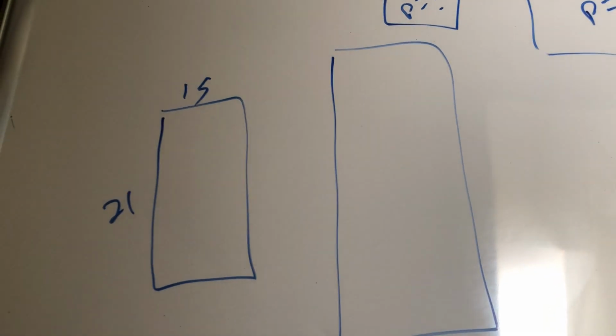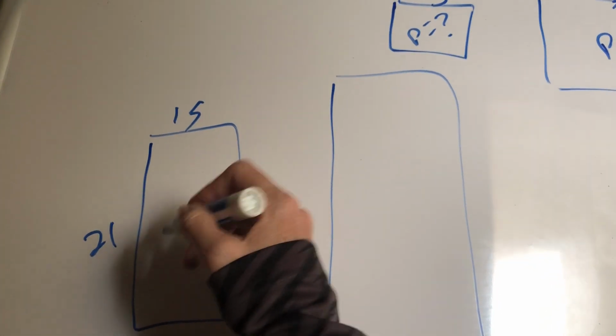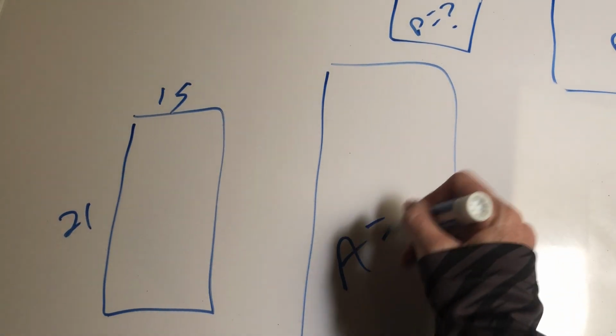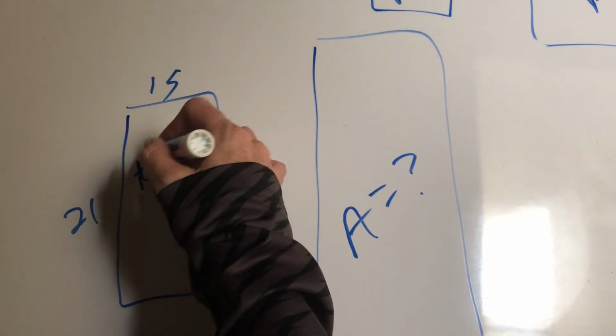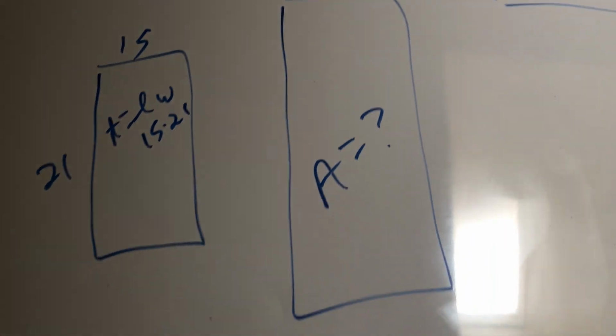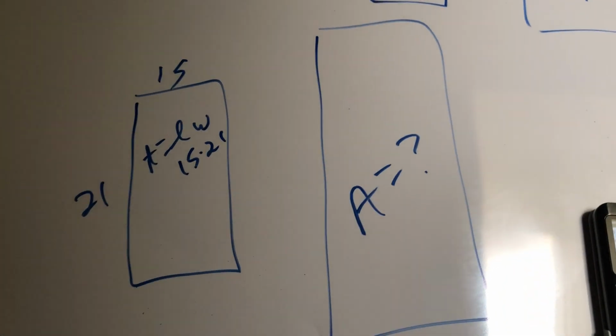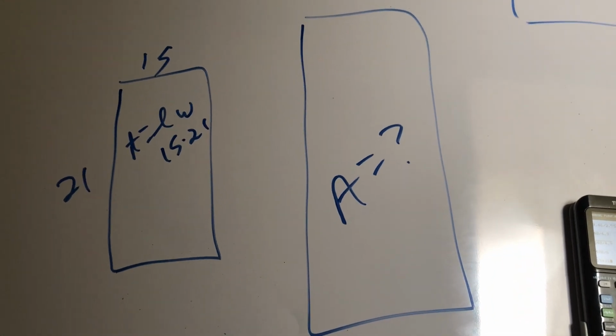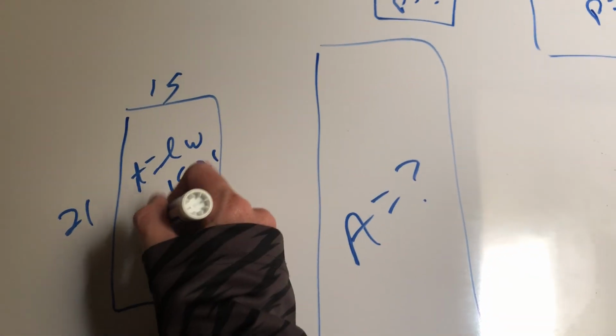So we want the area of this one right here. We can find this area very easily, and then that's what we'll plug in. Sometimes I give you the area, sometimes you have to find the area. Here we have to find the area. It's easy to find the area, which is 315.